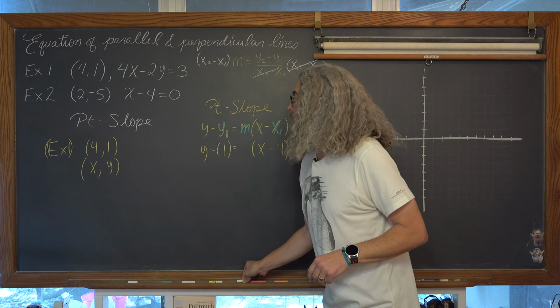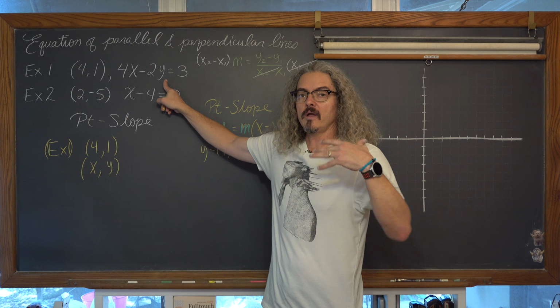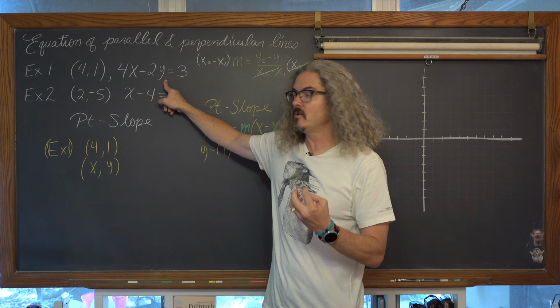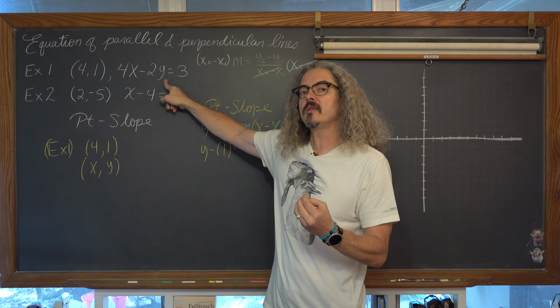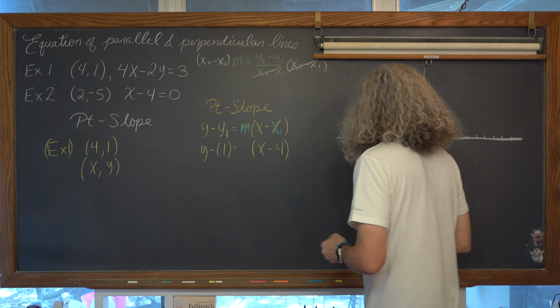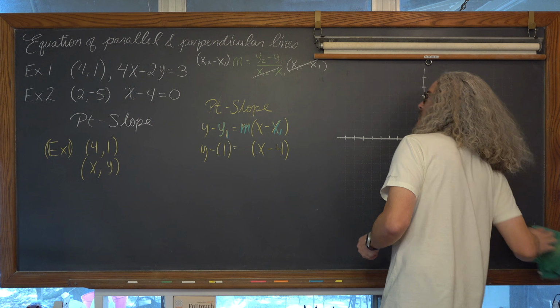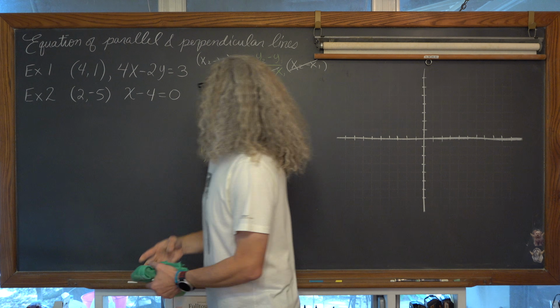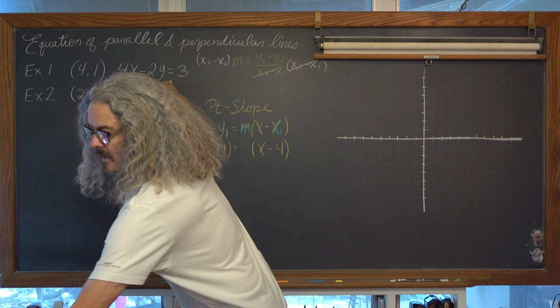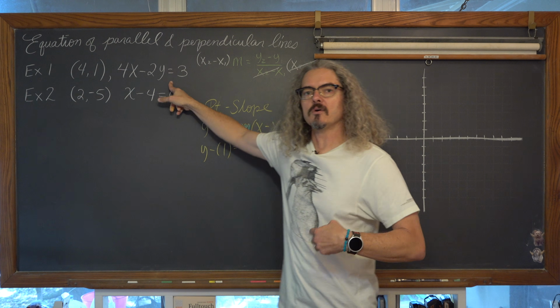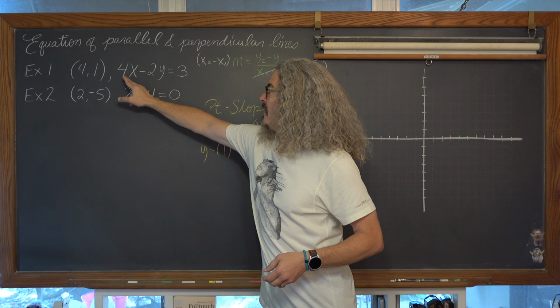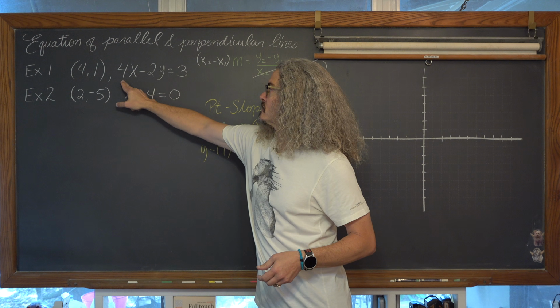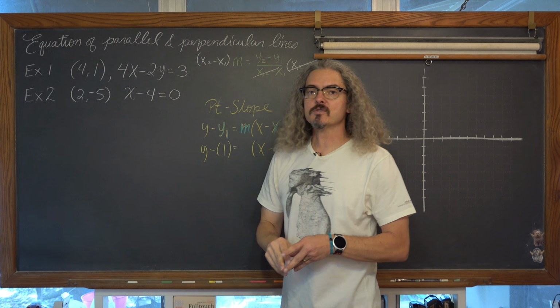And that is the only information that we need to pull out of the equation of that line, 4x minus 2y is equal to 3. Now, this equation right now is in what we would call standard form, where we have integer coefficients in front of x and y, and it's equal to a constant.